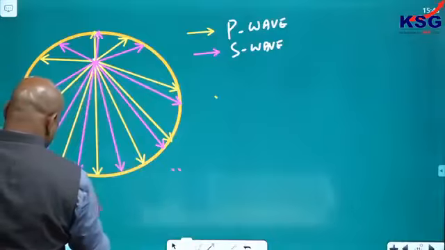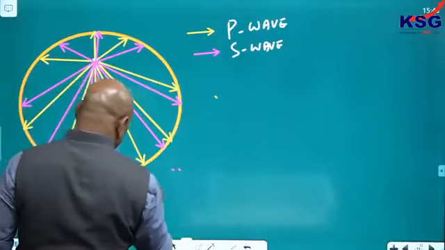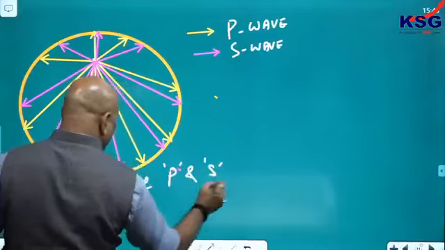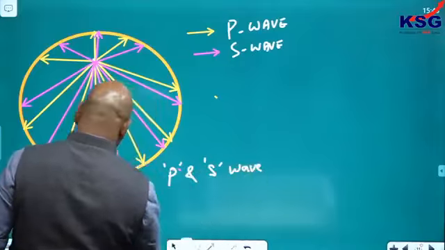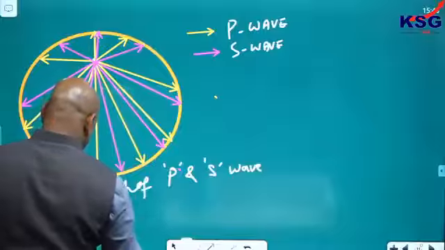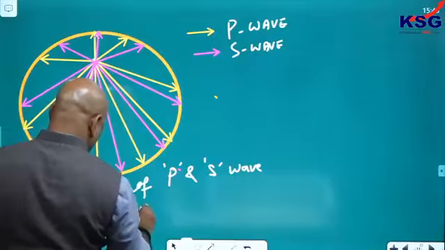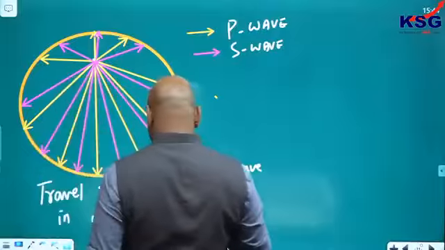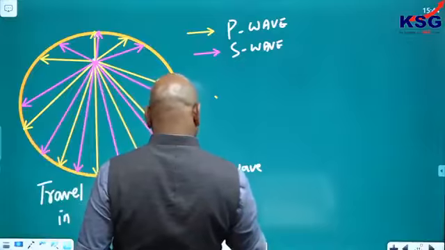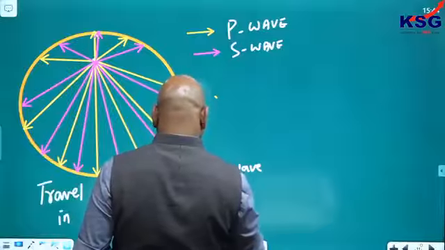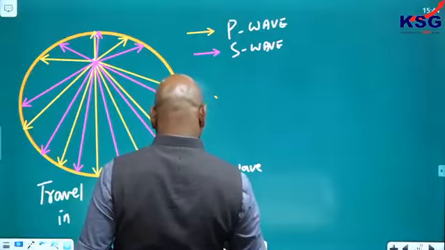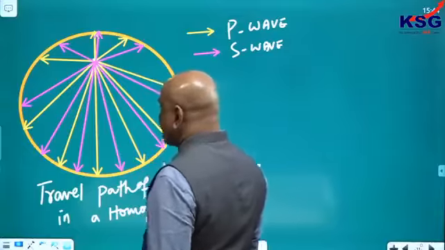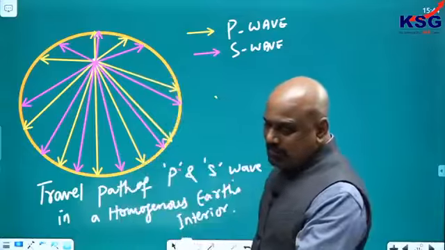Travel path of P and S wave in a homogeneous Earth's interior. If the earth interior is homogeneous, the travel path will be like this.